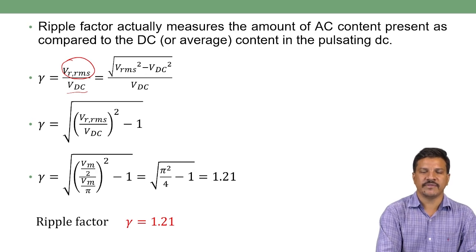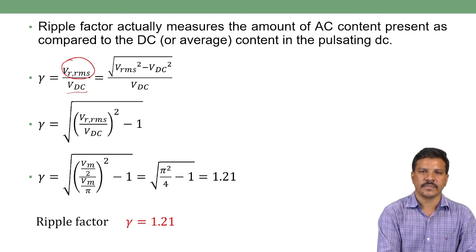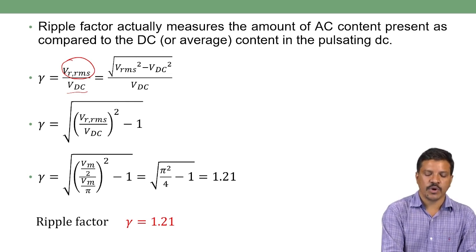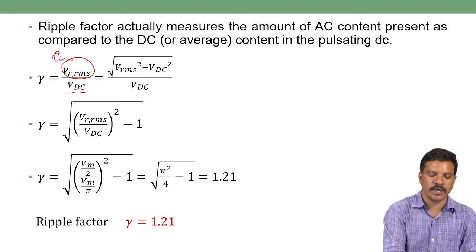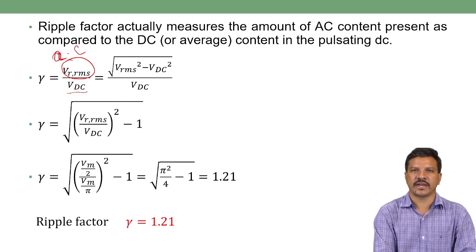So always the AC value is measured in RMS, and Vr is nothing but the ripple, the AC component. That AC component, Vr RMS, divided by VDC. So how much AC component is in the rectified output divided by the DC component is nothing but the ripple factor.